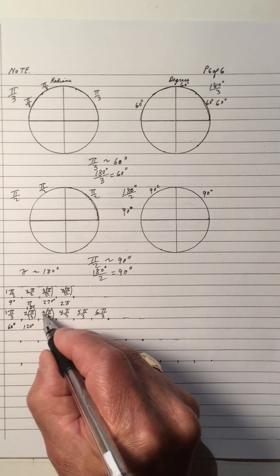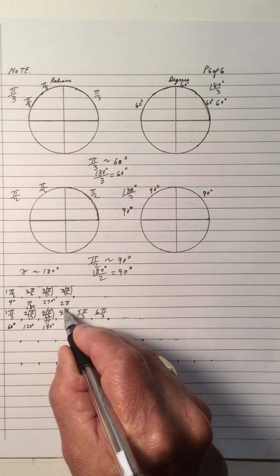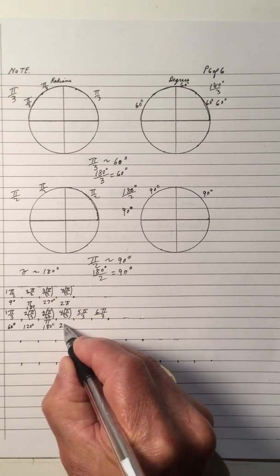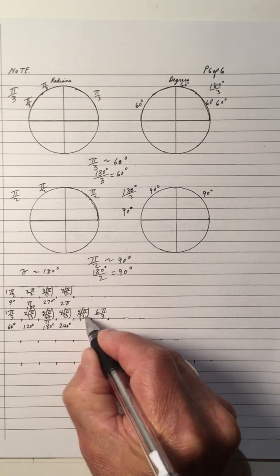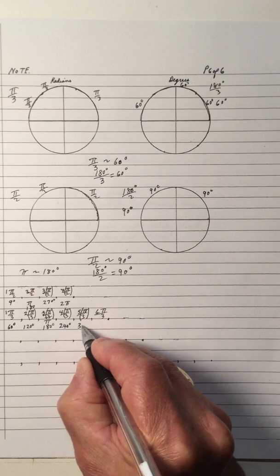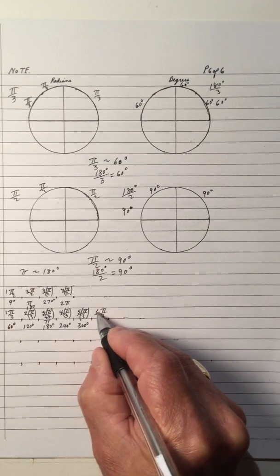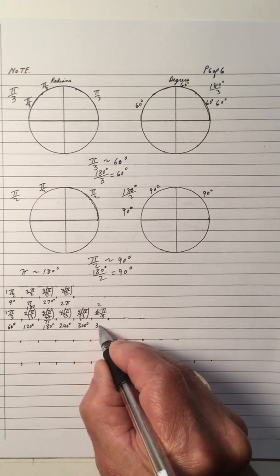Pi over 3 is a 60. 3 times 60 is 180. And that's 4 pi over 3. That's 4 60s. That's 240 degrees. Notice pi over 3 is 180 divided by 3 is 60. That's 300 degrees. And 6 pi over 3 reduces down to 2 pi, which is 360.